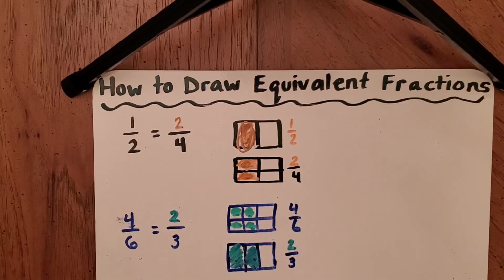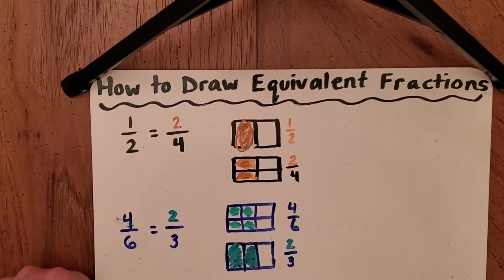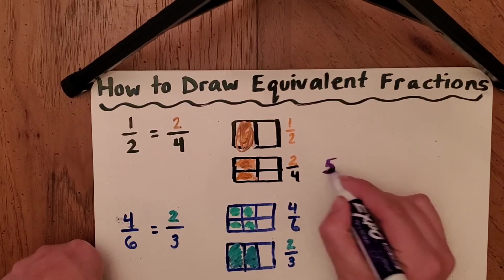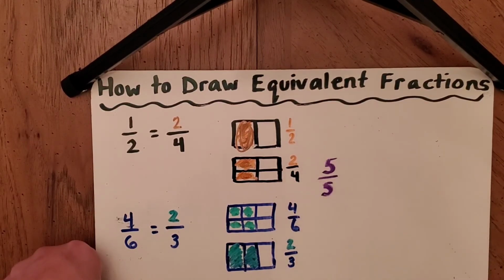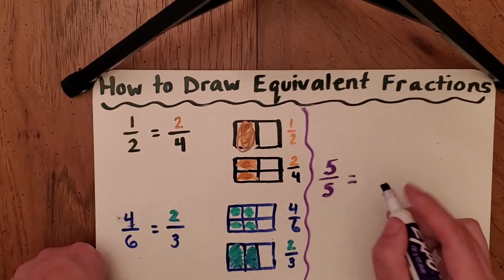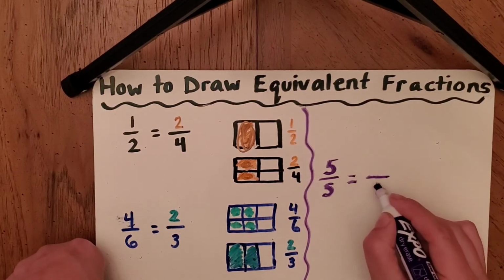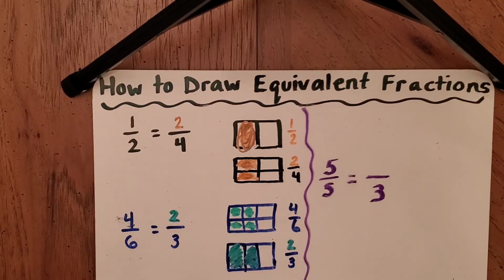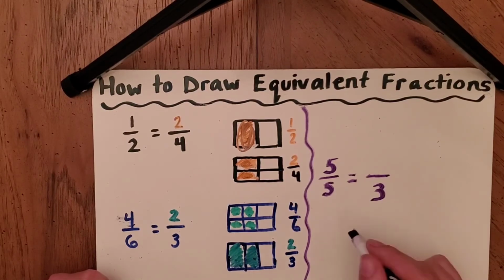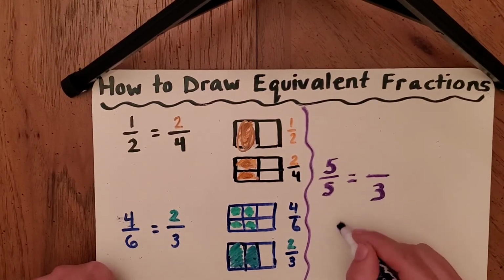All right, great job. One more question that we'll do together. If I have 5/5 and I want to know how many thirds would be equivalent to 5/5. Well, actually, my job here is going to be a little bit easier because I'm going to draw out 5/5 and I want you to think about what you notice with my drawing.